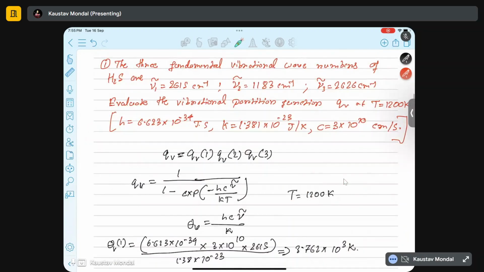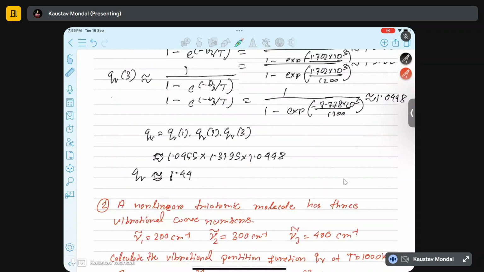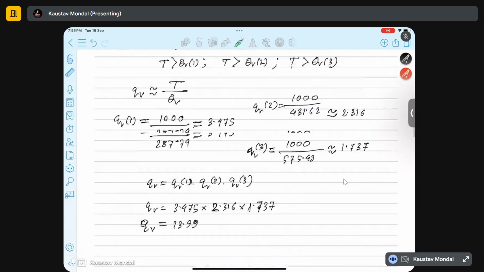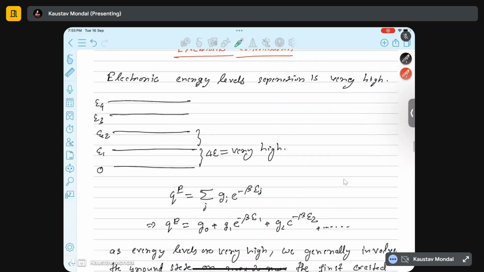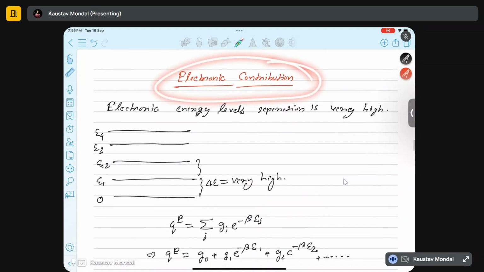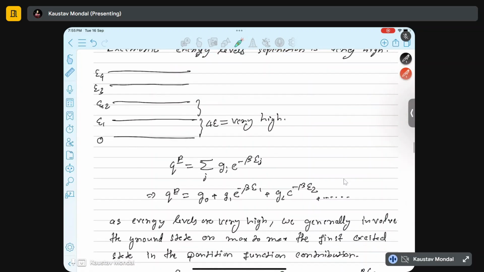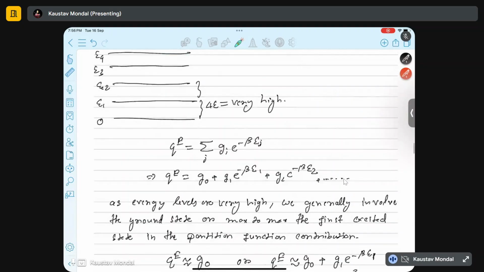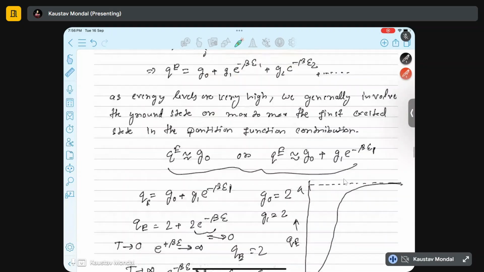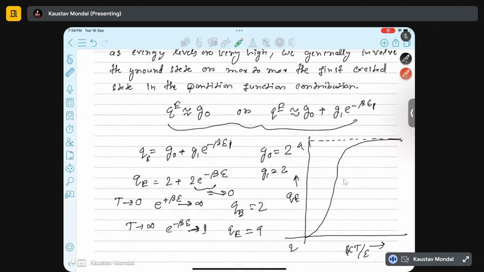Lastly we discussed the electronic partition function, the electronic contribution. The electronic energy separations are very high, this delta is very high. So mostly the system remains at the ground state.